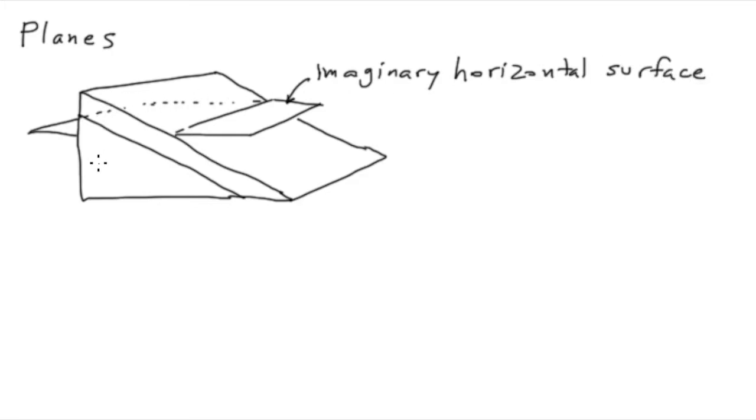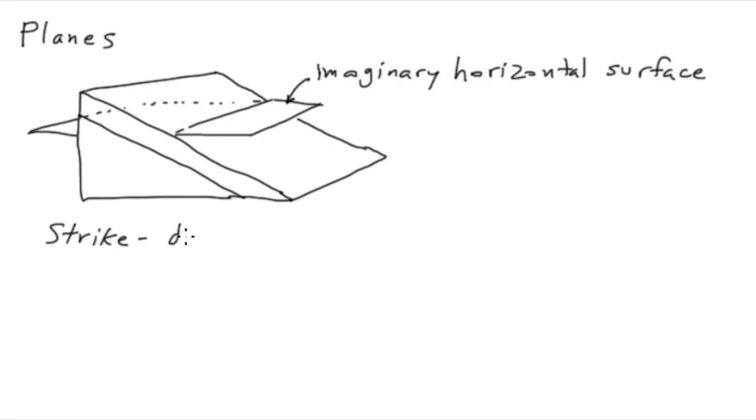Okay, so we're going to define two things. The strike, and the dip. These two things will give us a complete description of any plane that's tilted.